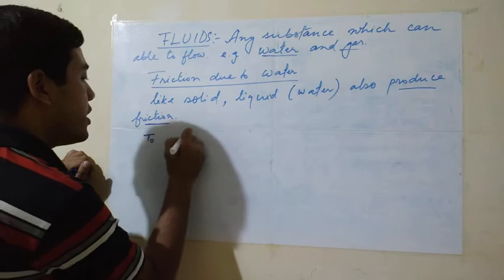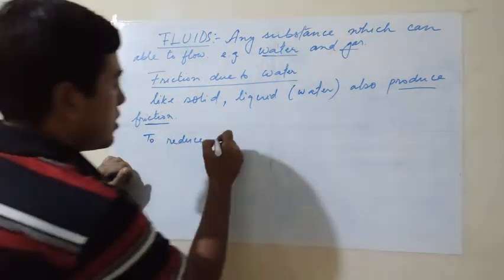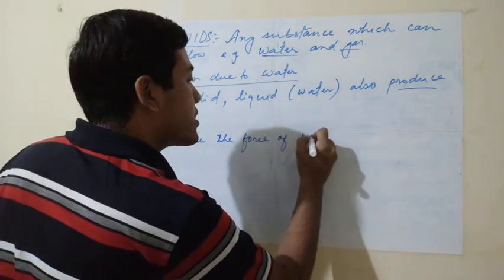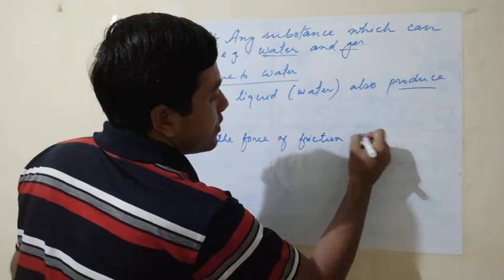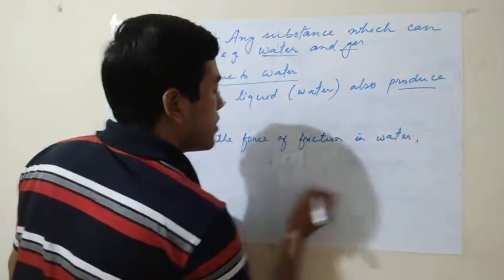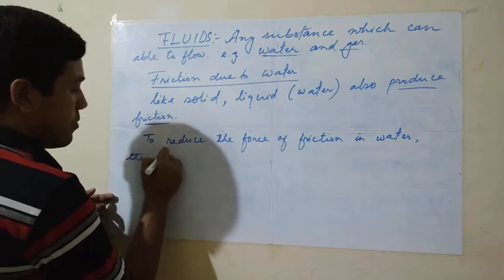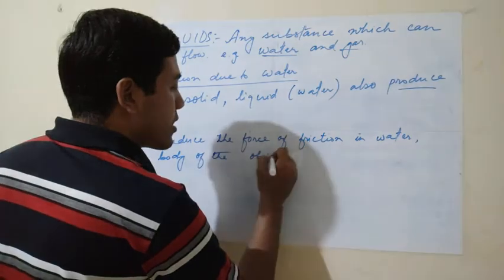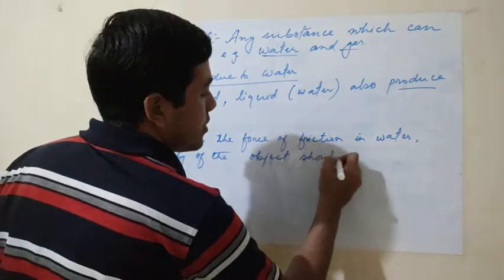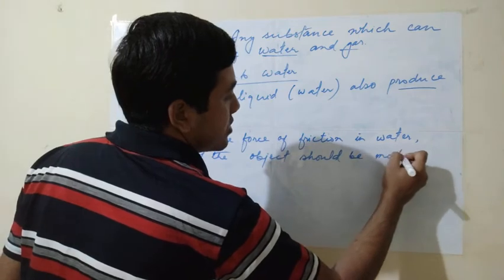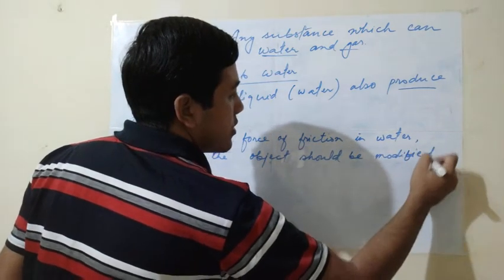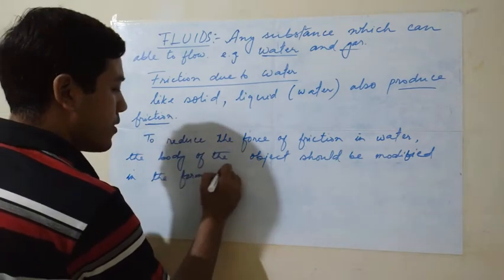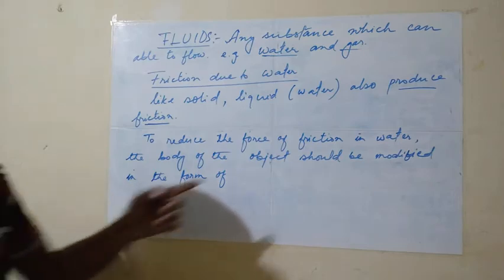To reduce the force of friction in water, the body of the object should be modified in the form of a particular shape.